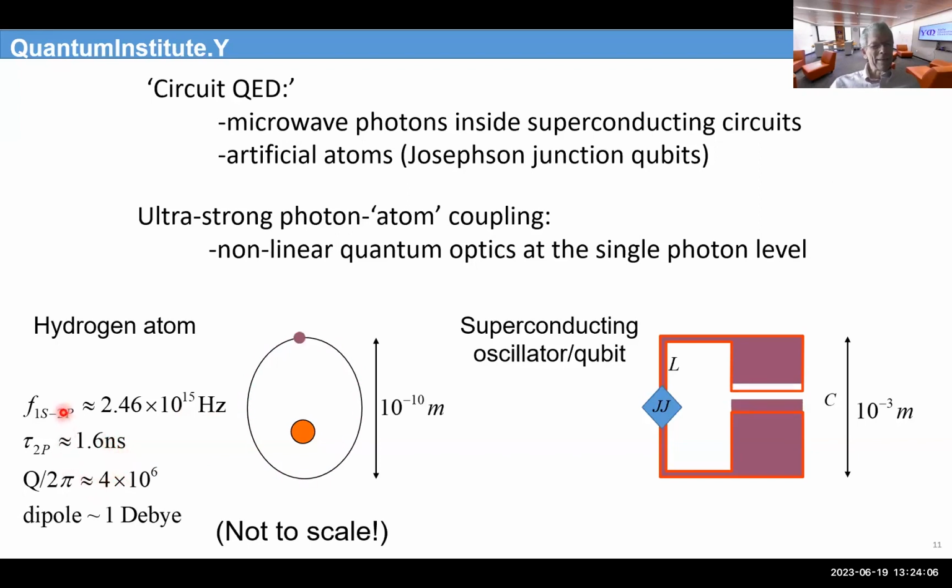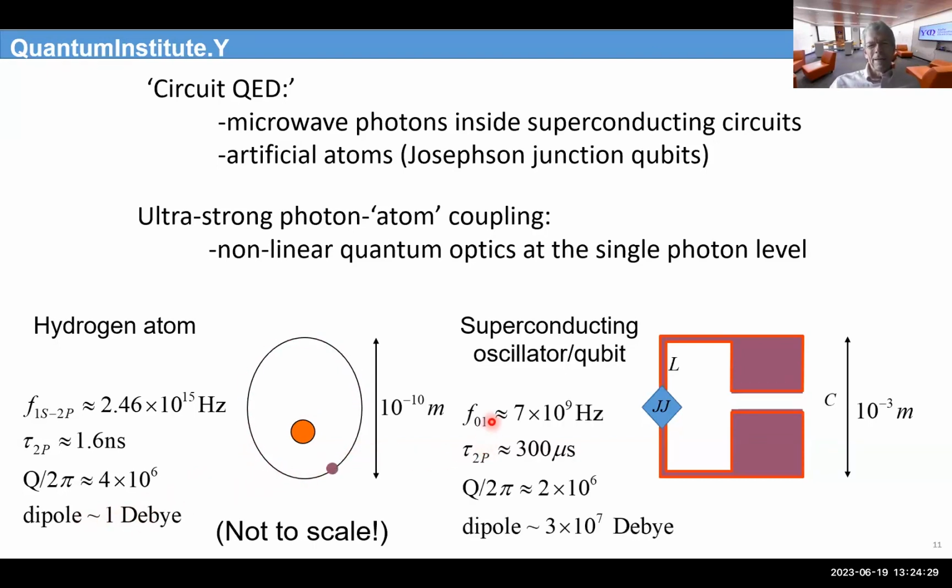If you take the product to get an effective Q, it's Q over 2 pi, about 4 million. And the transition dipole matrix element connecting the ground state and excited state is one electron moving one Bohr radius, so it's 1 Debye. Pretty small.